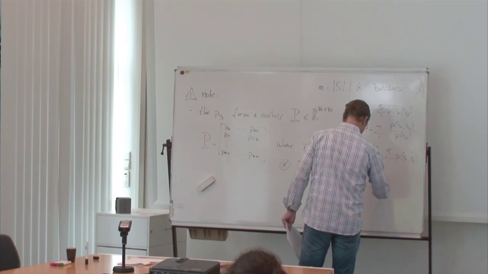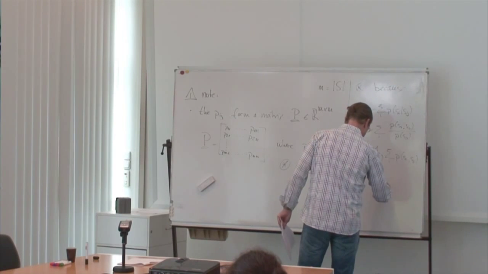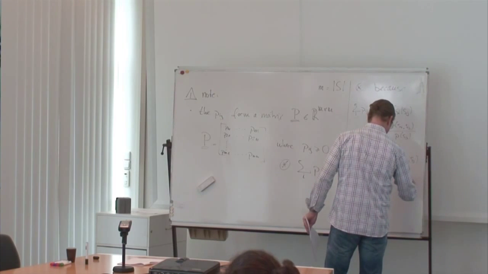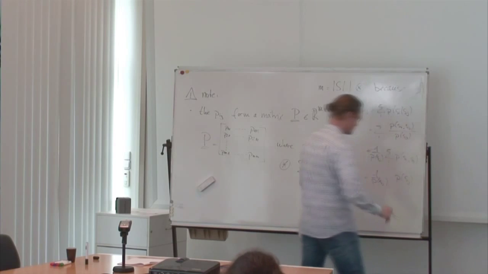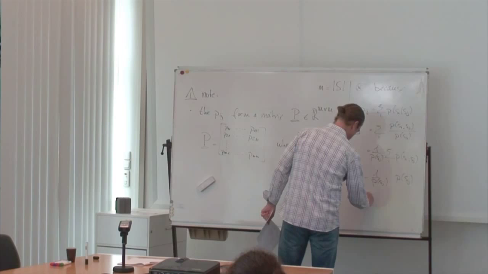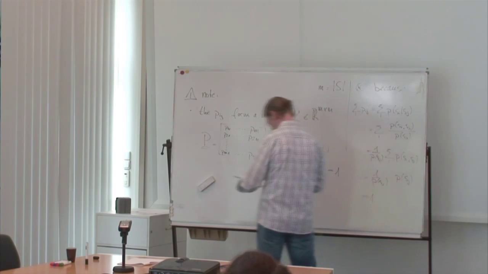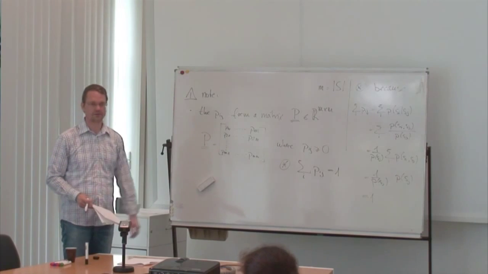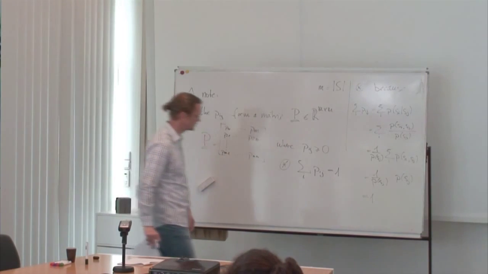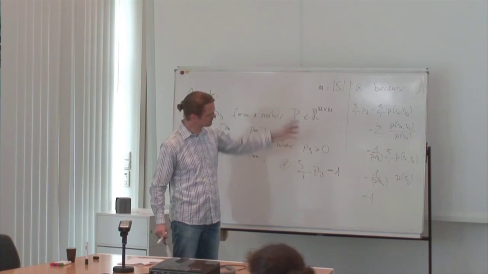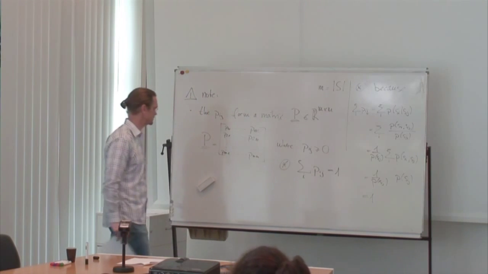So we have 1 over the probability of Sj times the probability of Sj, and that is of course 1. So that works.